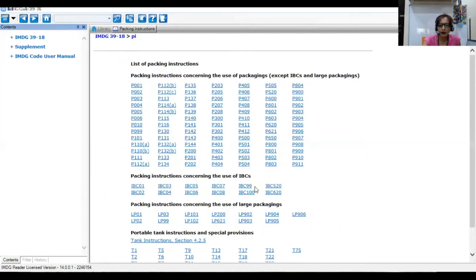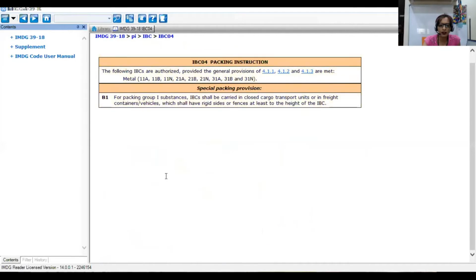But coming back to this, I also want to draw your attention to IBCs. We took a look at it yesterday. All right. What the IBC is indicating to us is what types of IBCs can be used.